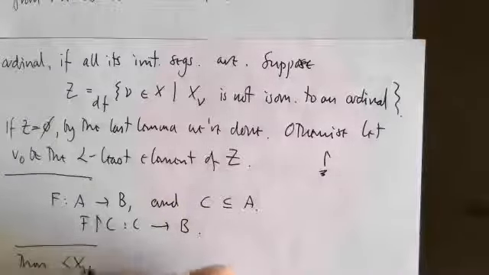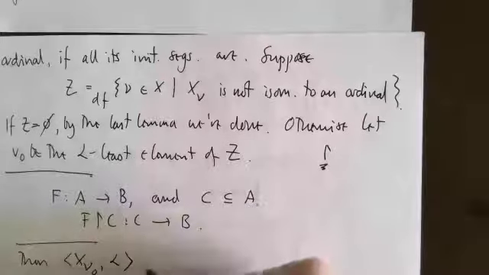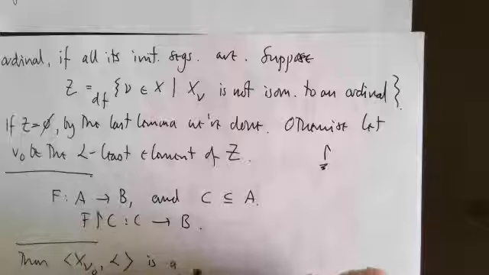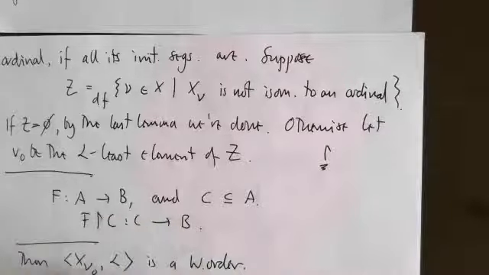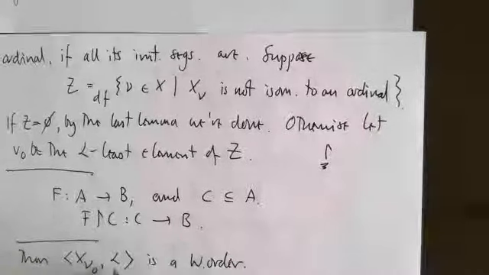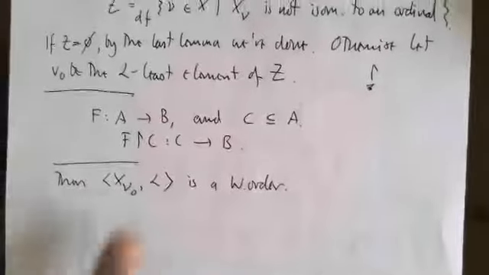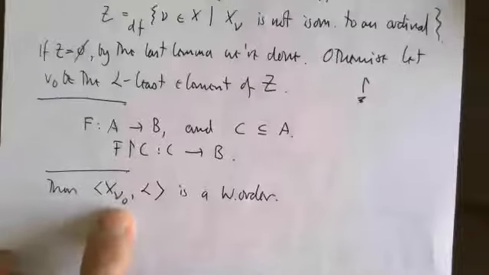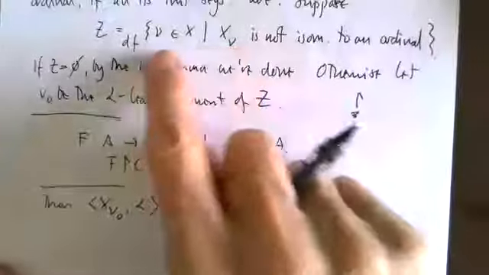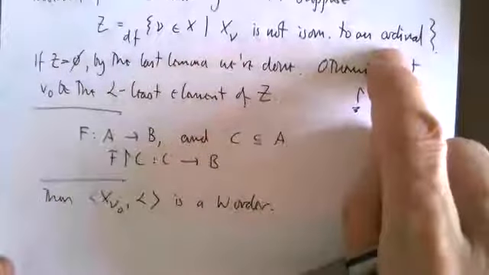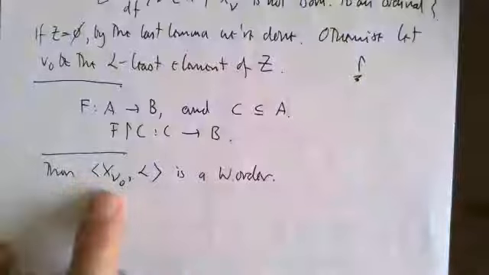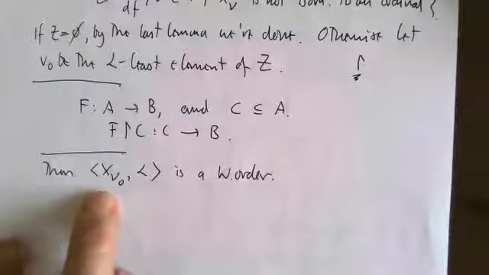So if I look at X below V0 with less than here, this is a well order. It's just an initial segment of the well order X. But all its initial segments are isomorphic to ordinals, because V0 is the least one determining an initial segment not isomorphic to an ordinal.